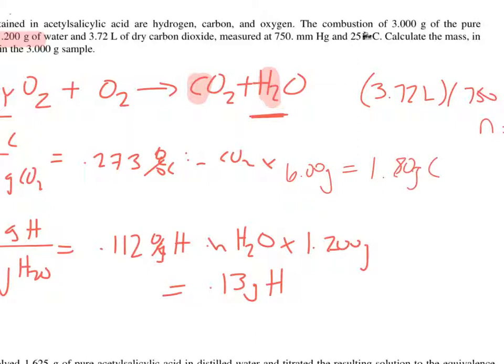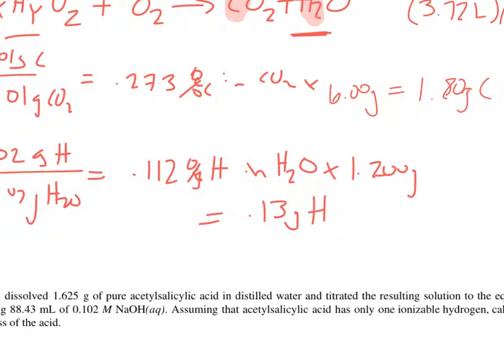Now, just like the hydrogen before, since CO2 is the only source of carbon on the product side, the mass of the carbon that I just calculated has to equal the mass of the carbon in the acetylsalicylic acid. So I've got two numbers now. I know that the mass of the sample has to be 3 grams total, and I know that has to equal the mass of the carbon, which is 1.8 grams, plus the mass of the hydrogen, which is 0.13 grams, plus the mass of the oxygen.